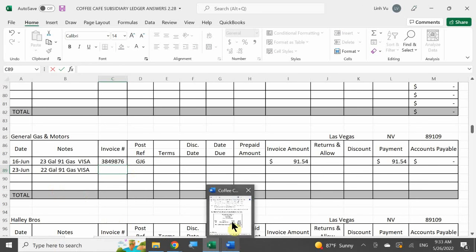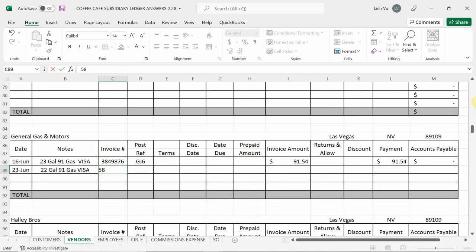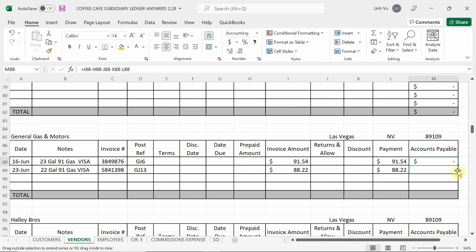What's the receipt number again? 584-1398. General Journal 13. It was for $88.22, and we made a payment to it because we used our credit card. So therefore, we owe nothing.